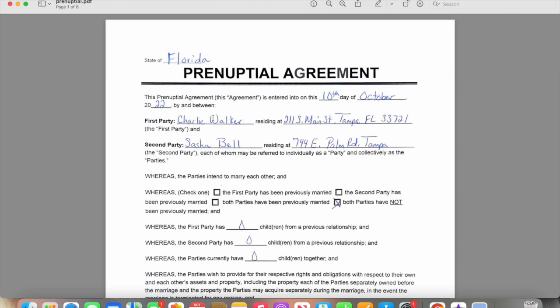So then you will decide who the parties are, which will be the two individuals that showed you their identification. They're going to put their address, and if they live apart at the time of signing this agreement, they're going to put their current address, which is apart. Now, if they already live together, then they can put their address where they live together.